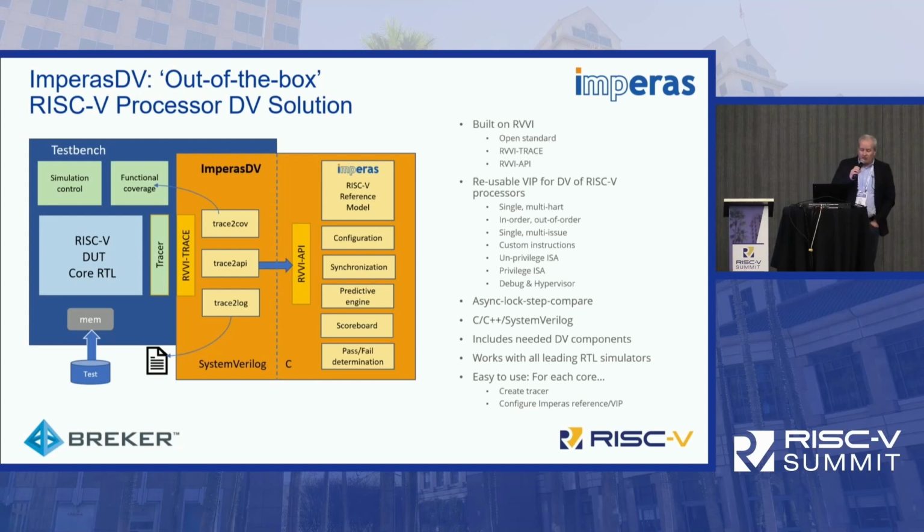You can just about configure this environment to be anything that is valid within the ISA specifications. And by doing this, you can embed this within your environment, whether it be SystemVerilog or C, C++ environment, and use it in order to ensure that the execution of your RTL matches the laid out specifications inside of the RISC-V ISA specs.